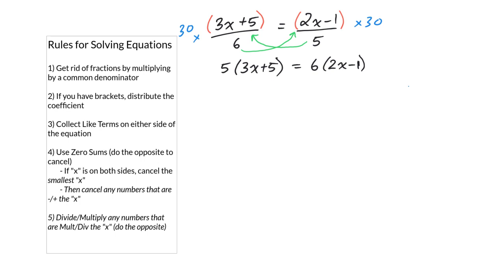So if you have a fraction on either side of the equal sign, instead of finding the lowest common denominator and then simplifying, you could take the denominator of the right and put it as the coefficient of the numerator on the left.